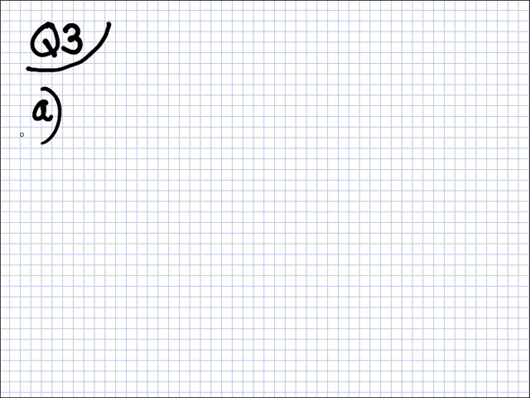Okay, question 3 was a little bit mixed. It was actually answered quite well by a good few of you. A lot of you got the start of it right. The first question was you had to work out how much was removed at each step, so you could see a pattern emerging.